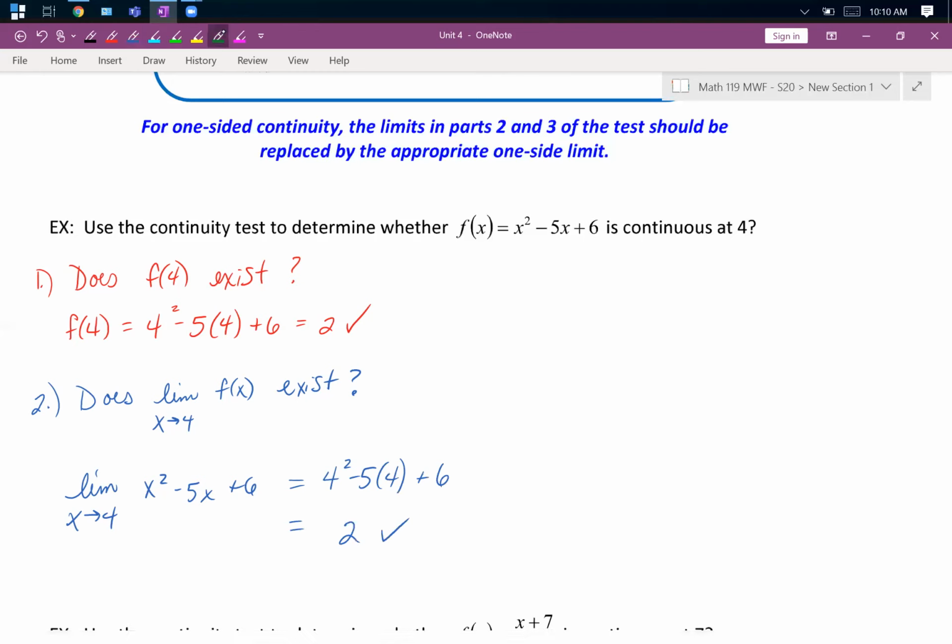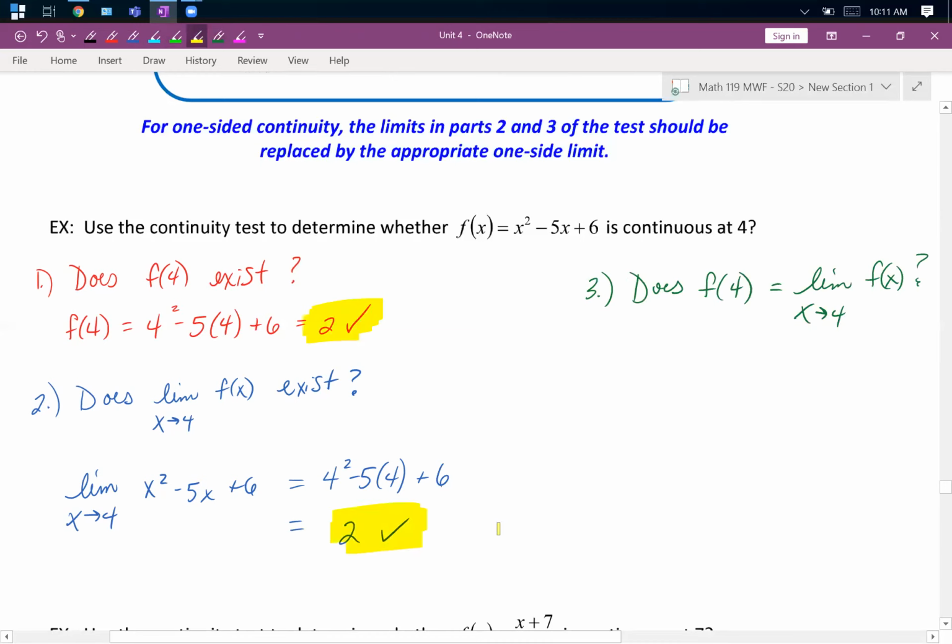And then the third part of the test: does f of 4 equal the limit as x approaches 4 of f of x? So we just take a look, and they do.